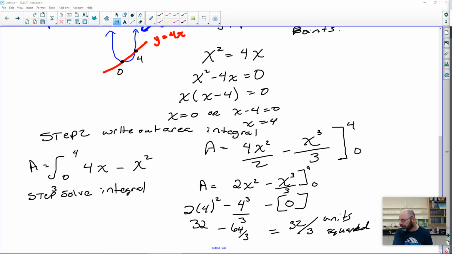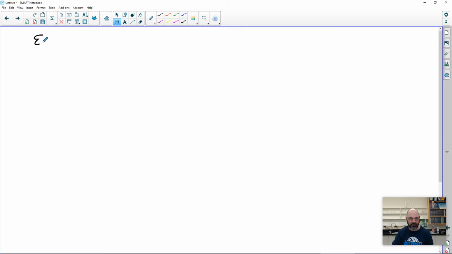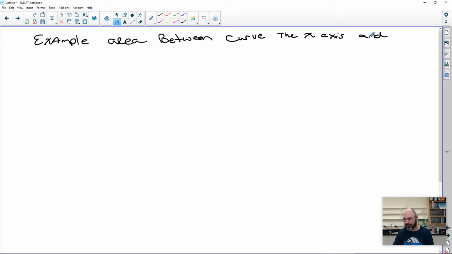Let's do the area between, so example 2, let's say a curve, the x-axis, and 2 endpoints.